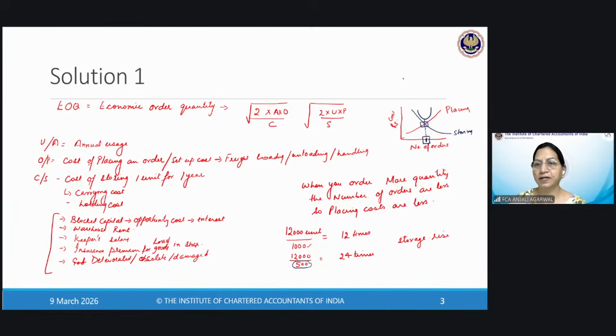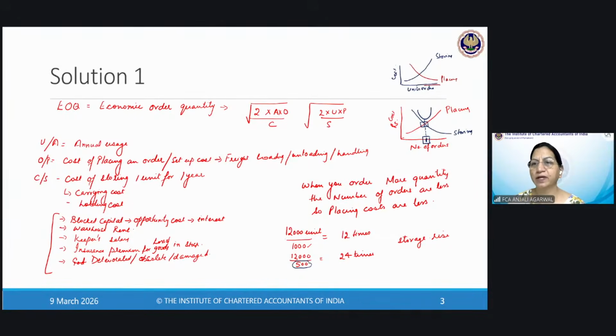Alternatively, you may also take units ordered on the x-axis, and cost on the y-axis. The more units ordered, storage cost will rise, but placing cost will fall.